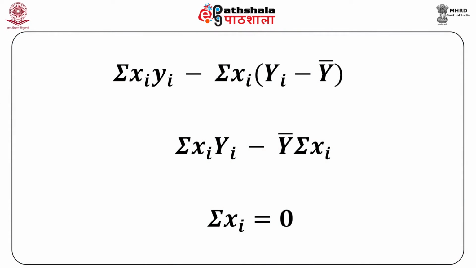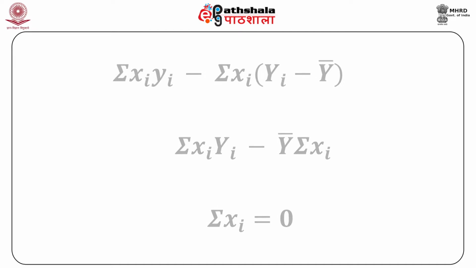Also, the numerator can be written as summation xi yi is equal to summation xi brackets yi minus y bar, which is summation xi yi minus y bar summation xi, as summation xi is equal to 0 because the sum of the deviations from the actual mean is always 0.